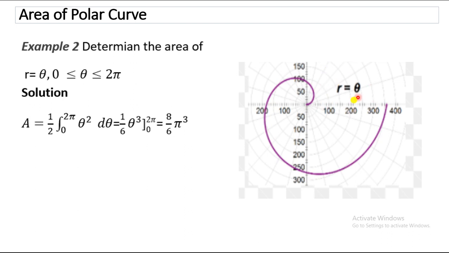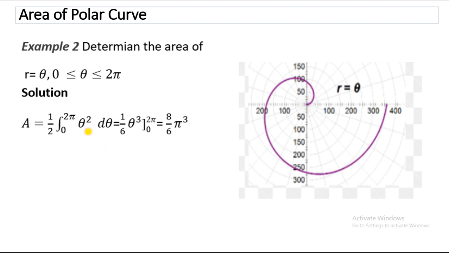r equal theta. I want to find this area, from theta equals 0 until theta equals 2 pi. Area equals half integration from 0 until 2 pi of r square, and r equals theta, so theta square d theta.